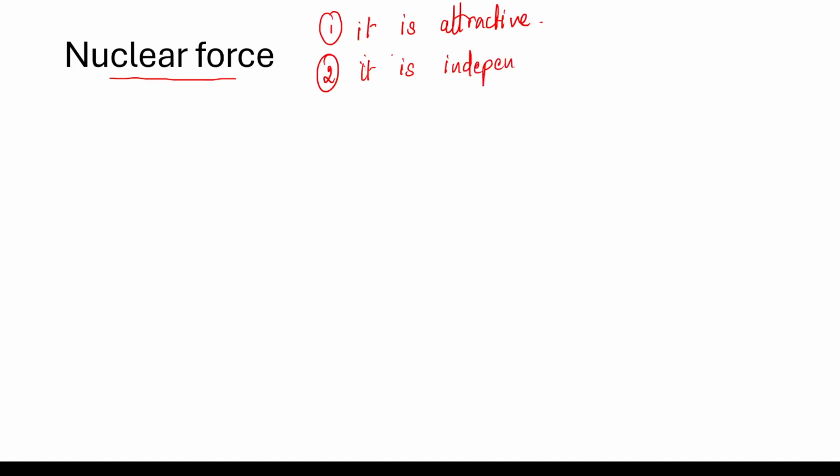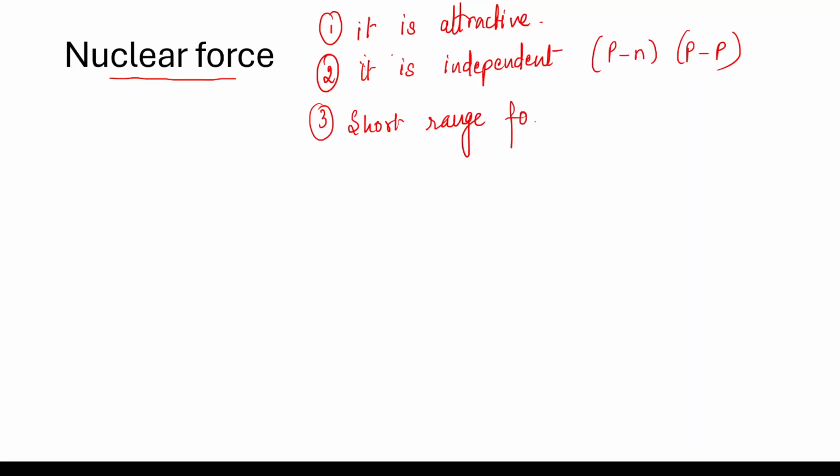So if you have a proton and neutron or a proton and proton, it will have the same attractive force between the two particles. The only thing it is dependent on is the distance. That's why it's also called a short range force. That means it exists only when the distance is of the order of 1.